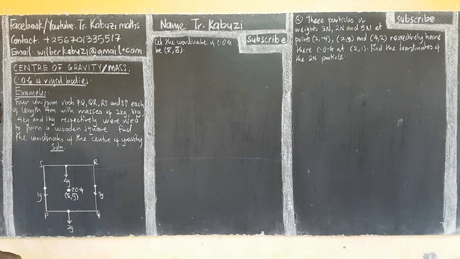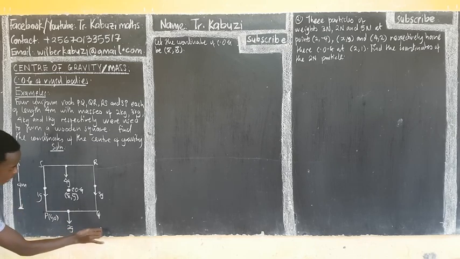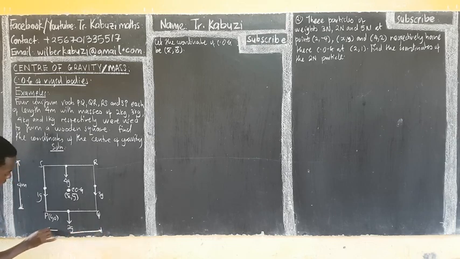From there now, if I am starting at this point here, I'm going to consider this point to be 0, 0. Then from here up to here we have 4 meters, and also from here up to here we have 4 meters, because this is a square.